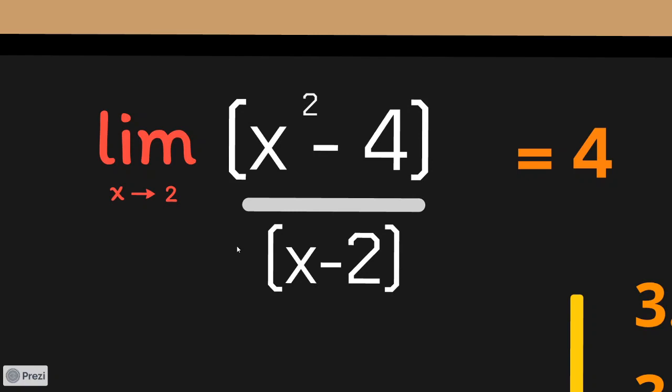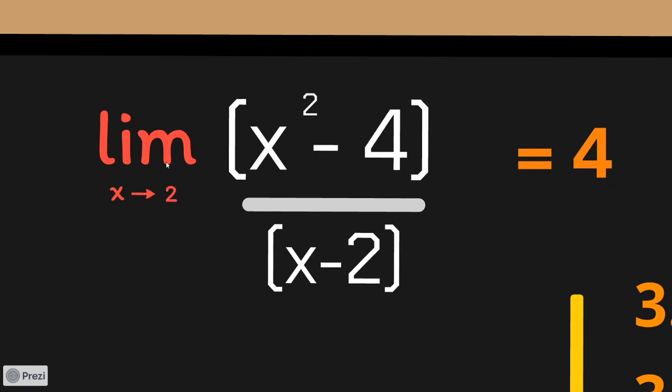The value is not defined. But I can find the possible value. What could it have been? That I could find by making the value approach very close to 2. And that is when x approaches 2, the total answer is limited to 4.